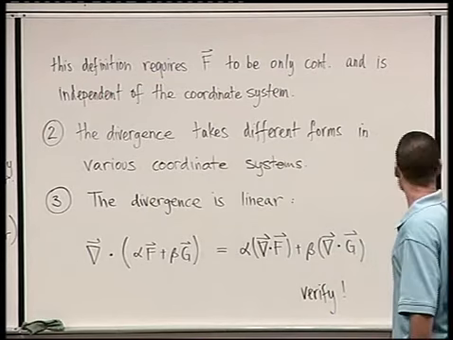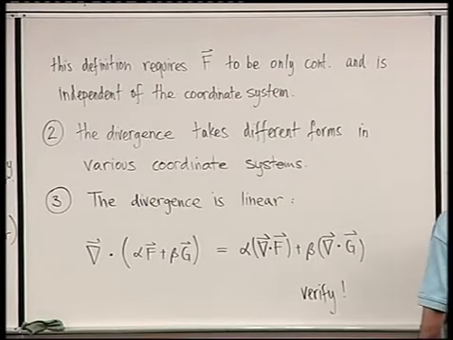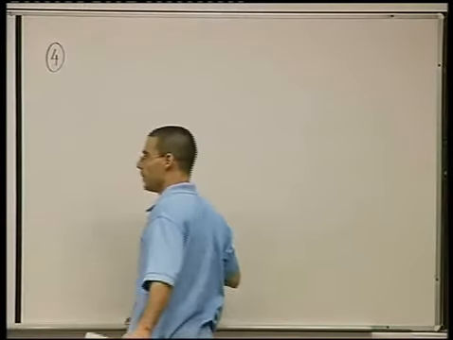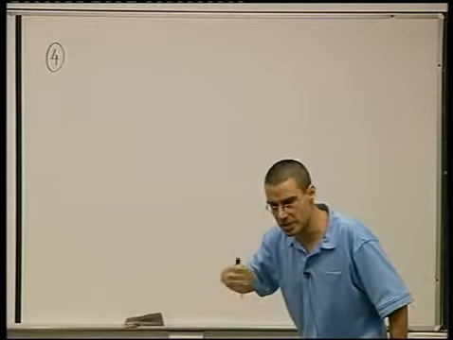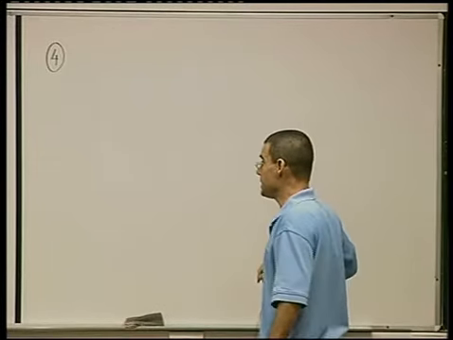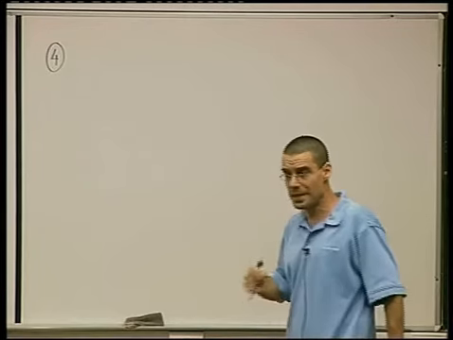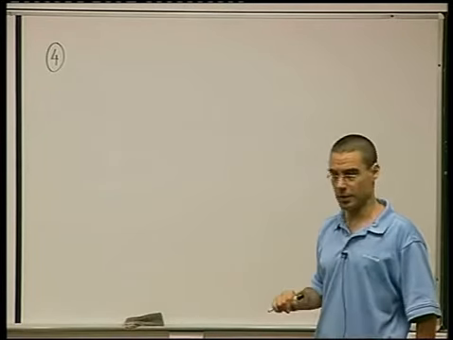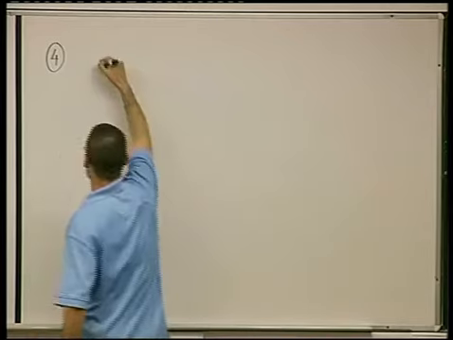Here's another property of the divergence. The divergence is some sort of derivative, and it satisfies a property which is reminiscent of the product rule for derivatives. So what do I mean by that?